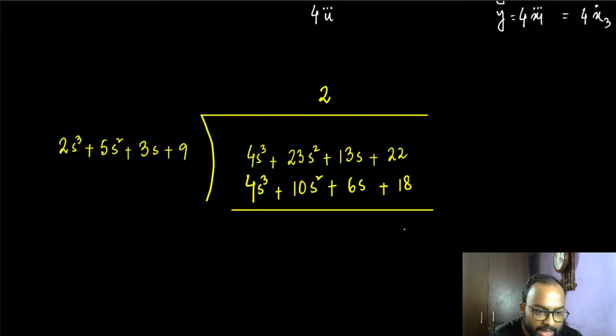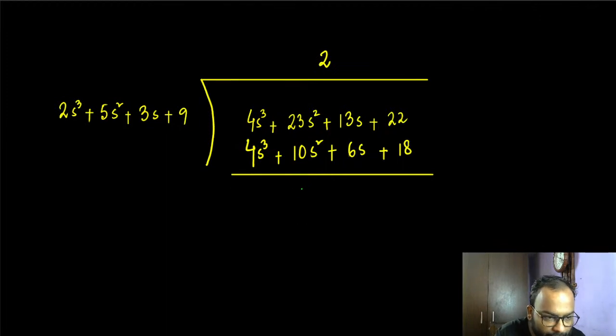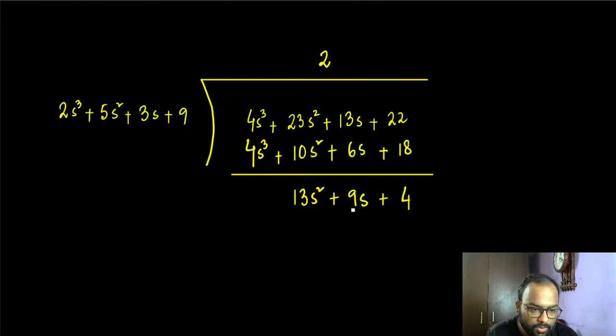Of course these two will cancel out. That was the objective, right? We reduce one factor by doing this polynomial long division. So this is becoming 13s square plus, no, not 9s, 7s, plus 4. And it cannot proceed any further because it is now a lower order polynomial than this. So that's the end of the long division.